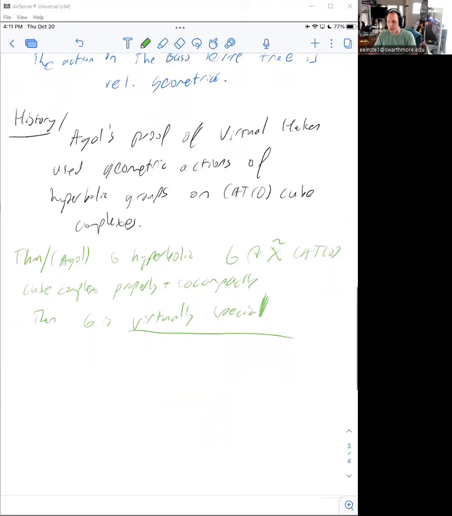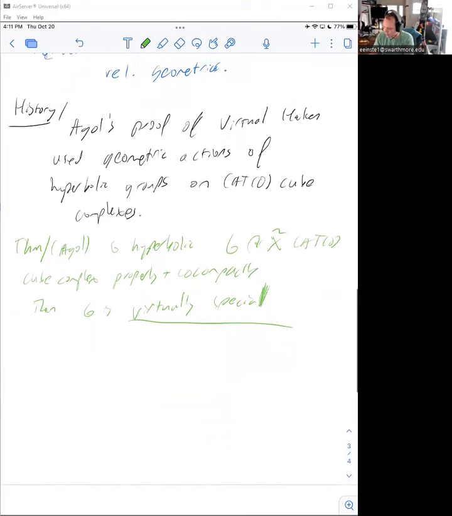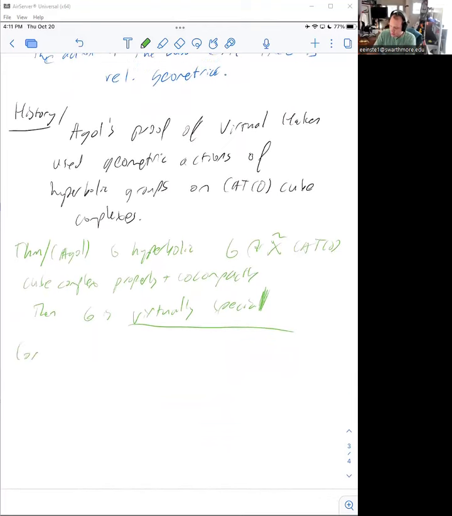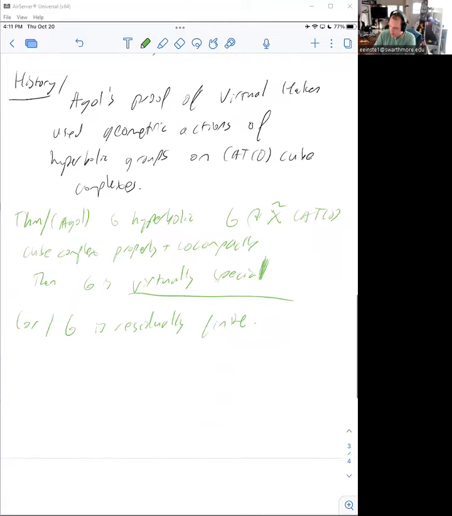If not, I'll tell you what it does for you, which is probably more relevant: that means that G is residually finite, which I'll tell you what that means as well.